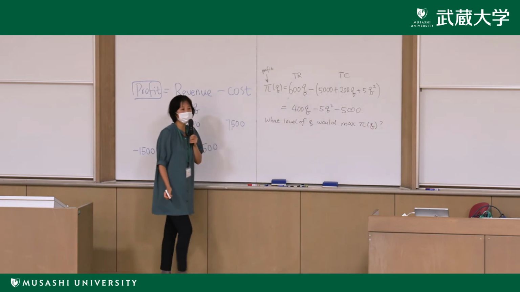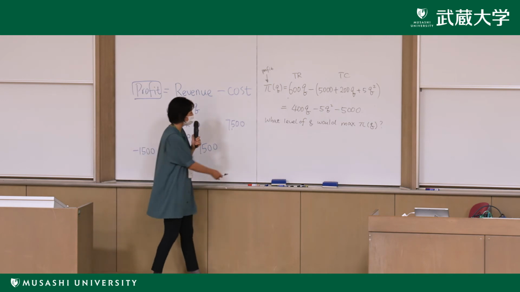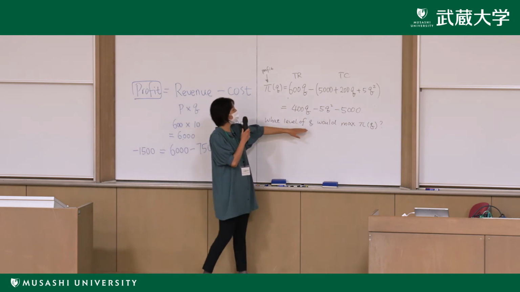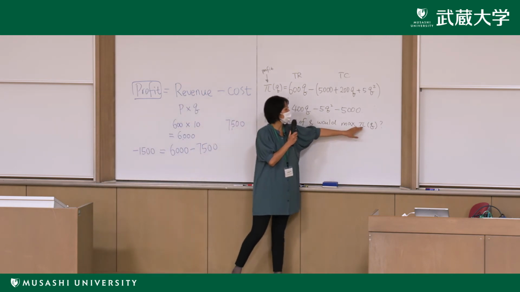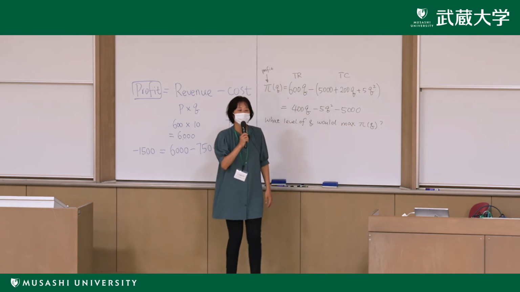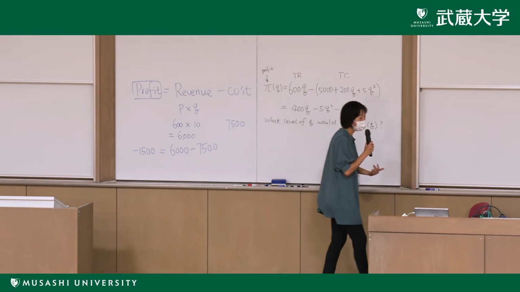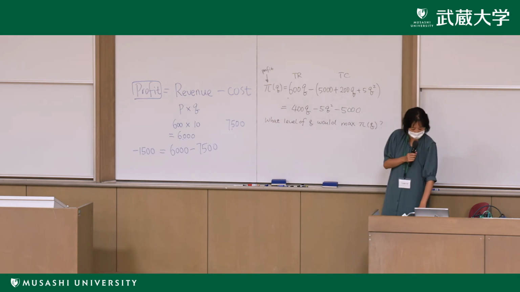Okay, so this is a typical mathematical question. How do we find the level of Q that would achieve the highest level of profit? So that's the mathematical way of thinking about this same question.